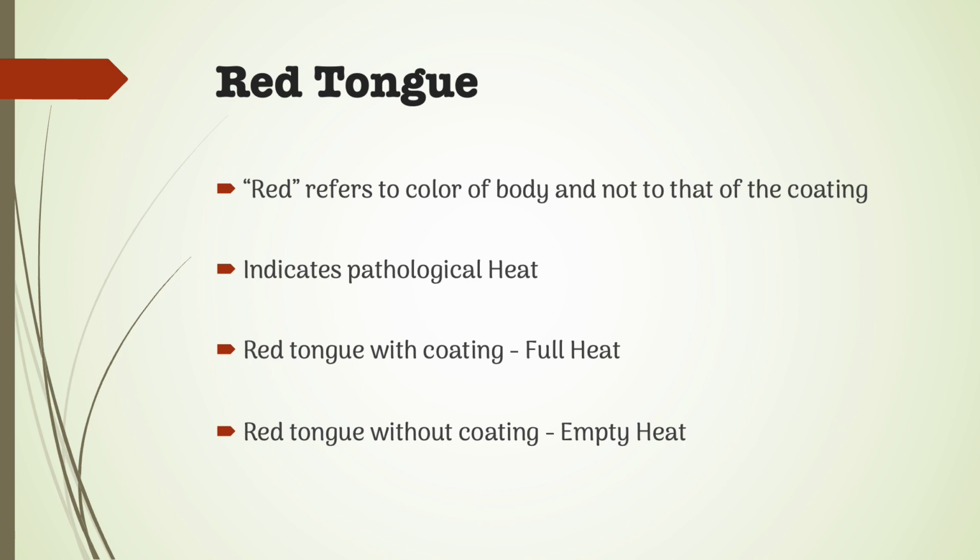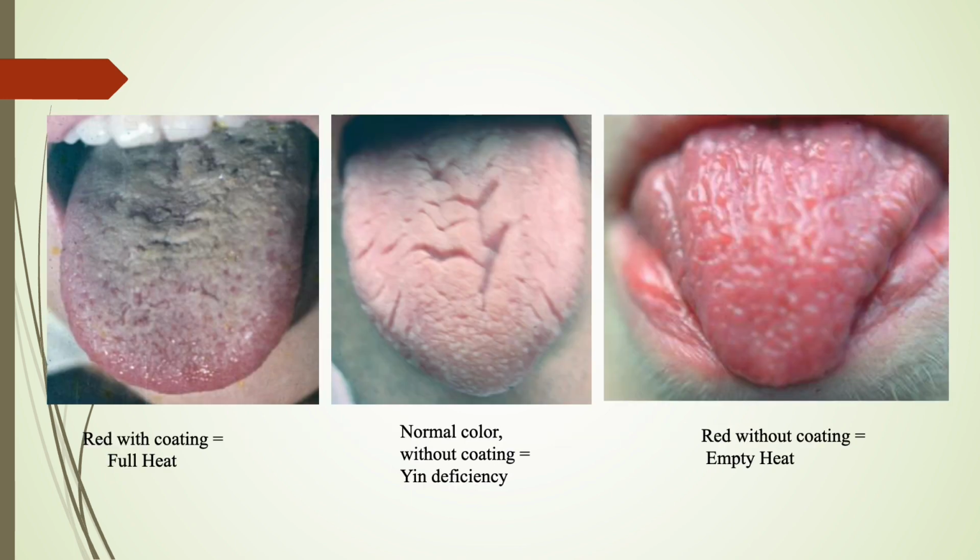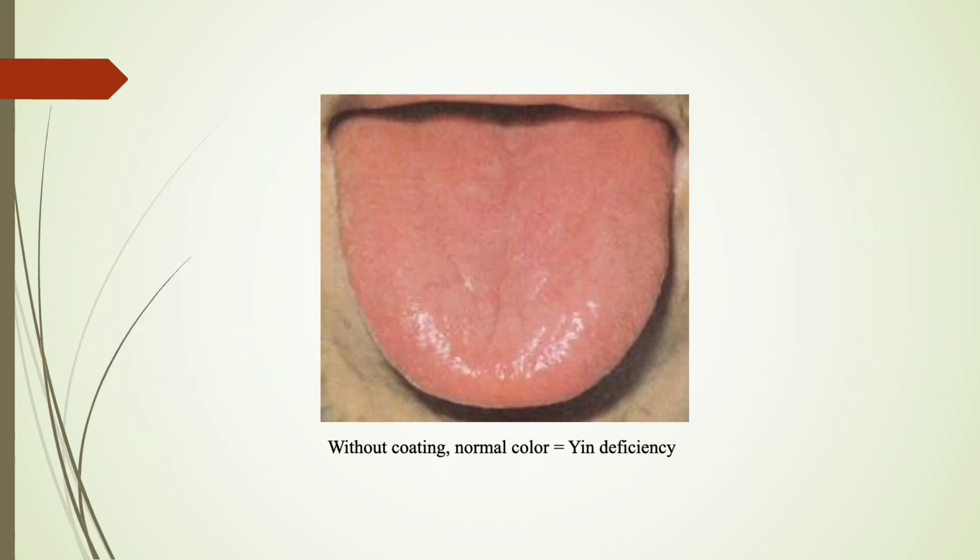It is important to understand that both full heat and empty heat are indeed heat, and they therefore each make the tongue too red. It is the lack of coating that indicates deficiency, and for this reason, if a tongue is too red and lacks a coating, it indicates empty heat deriving from deficiency.